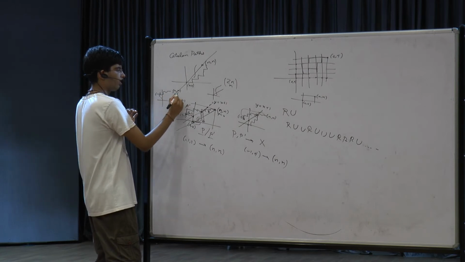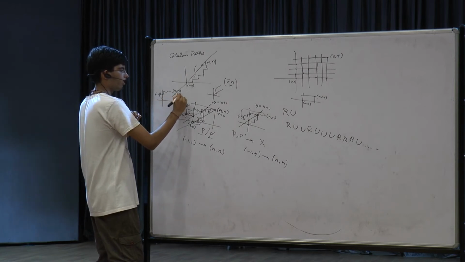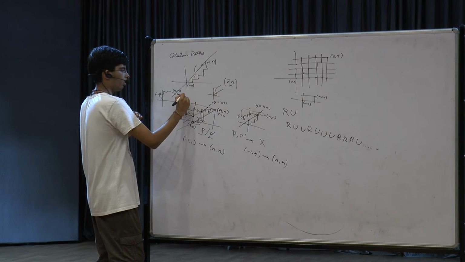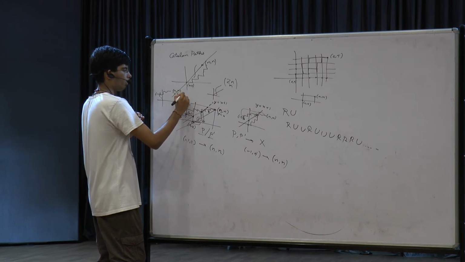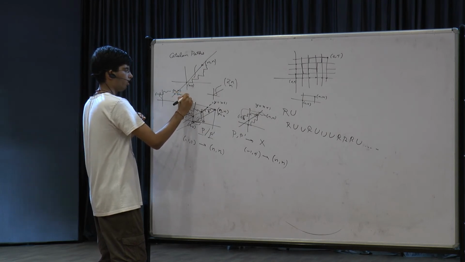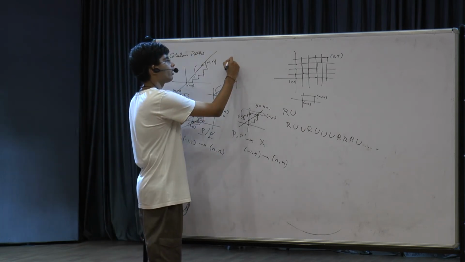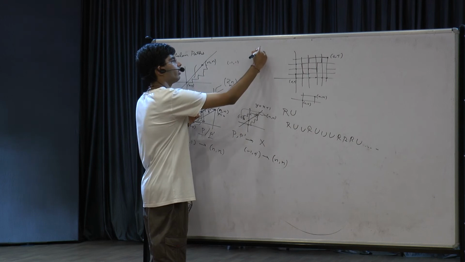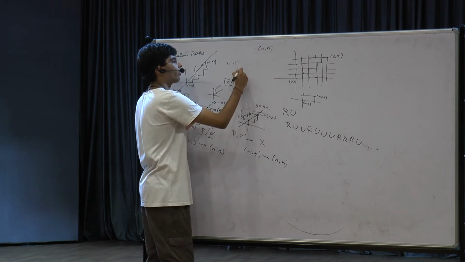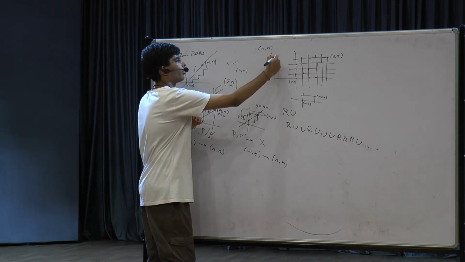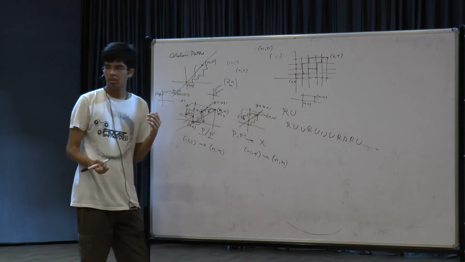So n, n will go to n plus 1, n minus 1. No, wait, sorry. Okay, yeah. So if we change the coordinates from minus 1, 1 to n, n, we want to look at it as 0, 0 to something, something.